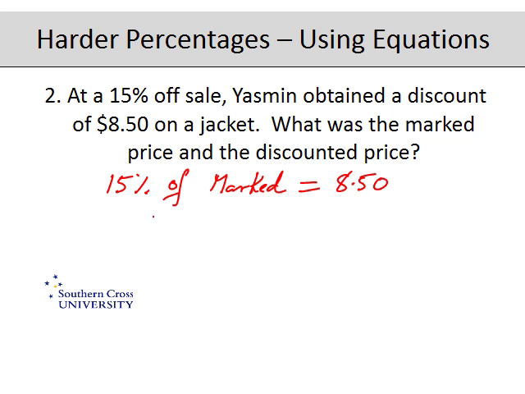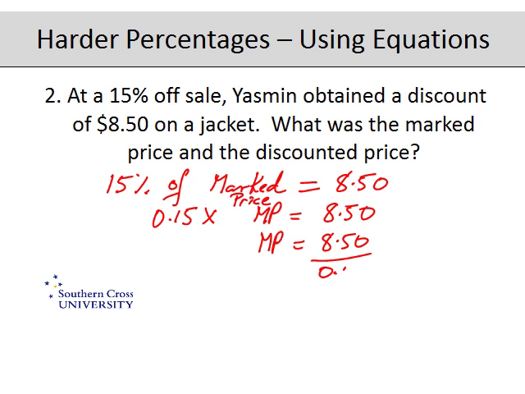So tidying this up, 0.15 is the decimal equivalent to 15%, of means times, and I didn't write the word price there, so let's write that as MP is equal to $8.50. So the marked price is $8.50 divided by 0.15.